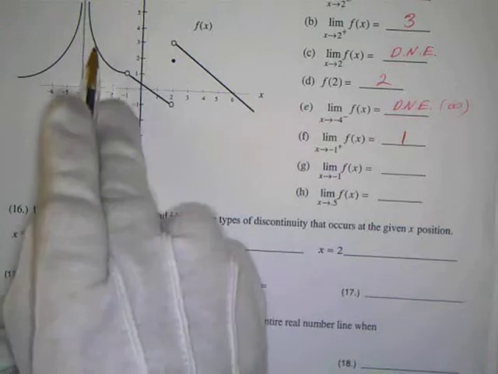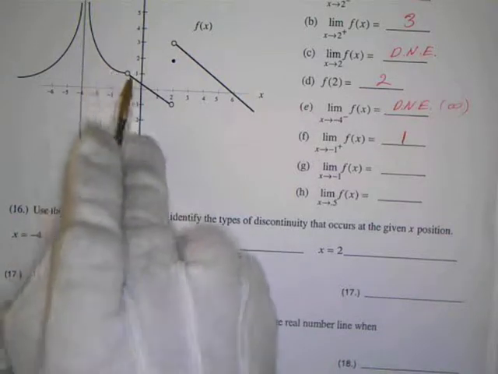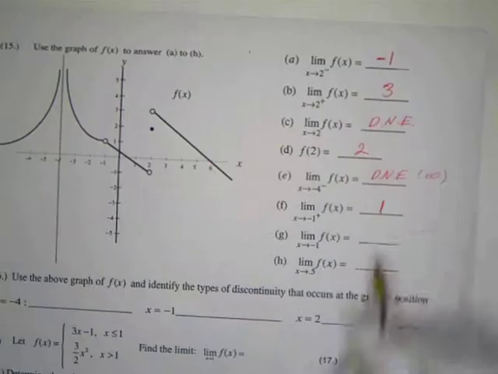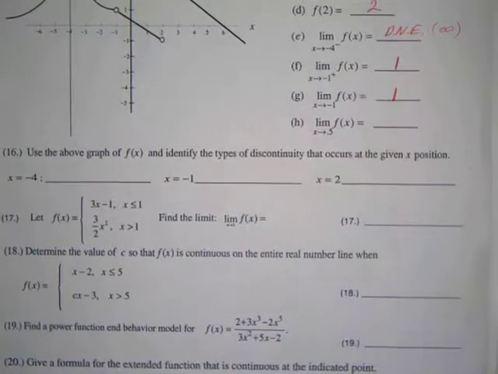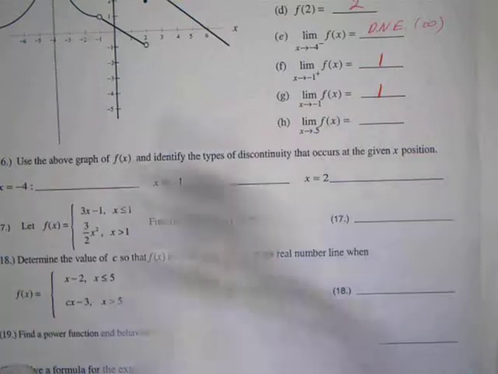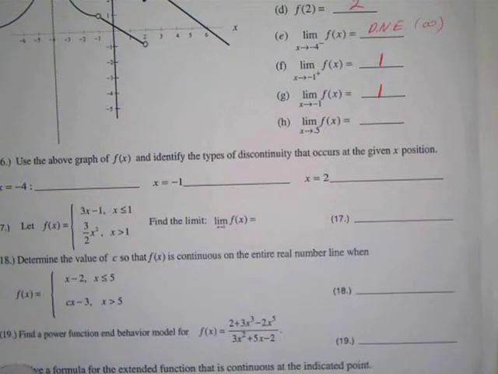As I approach -1 from the negative direction, I also have 1. So since the left limit equals the right limit, the limit is also equal to 1. We didn't ask what the left-hand limit was, but it's going to have to be 1 for that limit to exist.